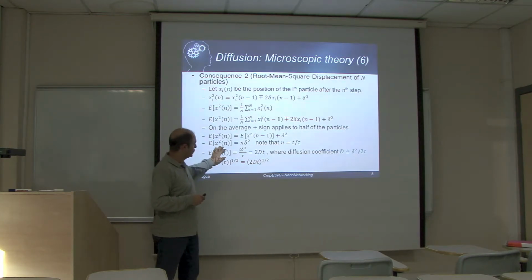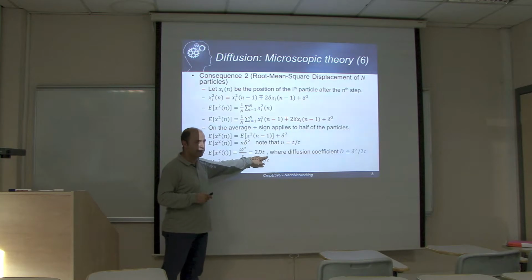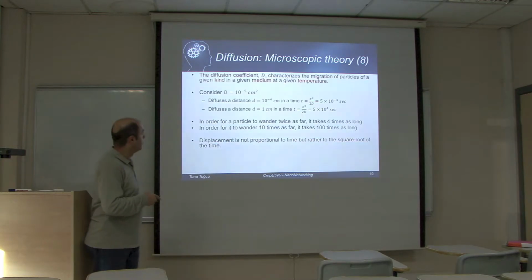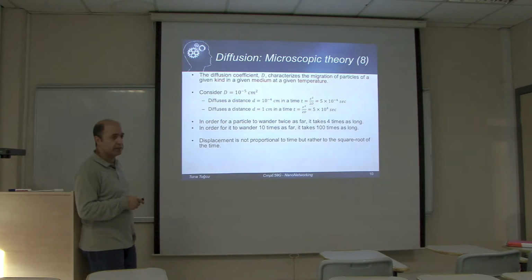Okay, x squared is equal to 2Dt. So if you take t out of this, the time to go to the distance x would be x squared over 2D, according to this value of D for this environment and for this type of molecule. Okay, so it would be 5 times 10 to the minus 4 seconds.